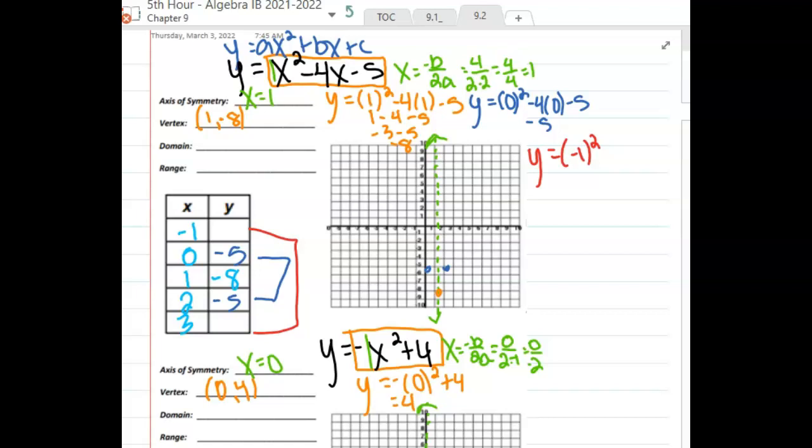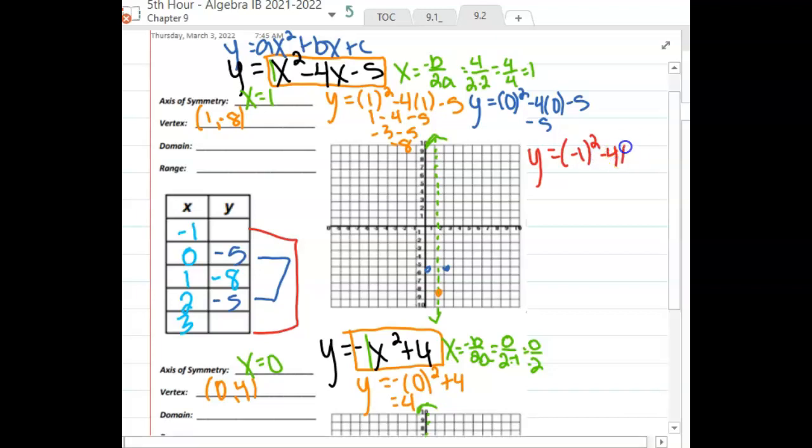So you have to use parentheses when you plug that in. And then you're going to do minus 4 times negative 1. Once again, I just really strongly recommend you use parentheses when plugging in numbers, especially if they're negatives, and then minus 5 at the end. If you're using a calculator, you can plug that into your calculator exactly as you see it. Make sure you use the parentheses.